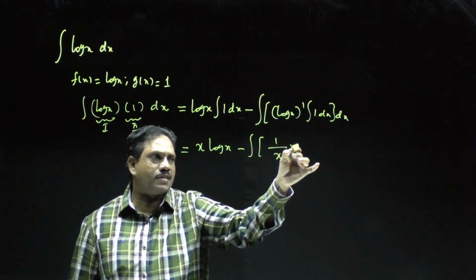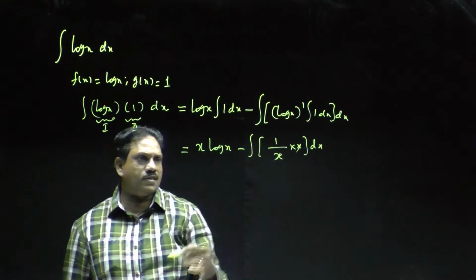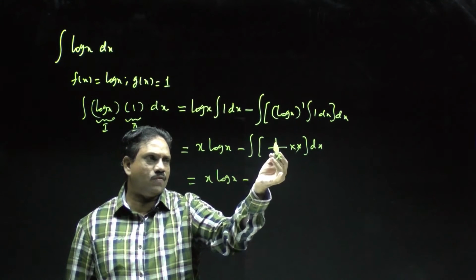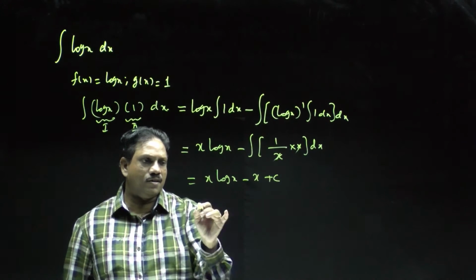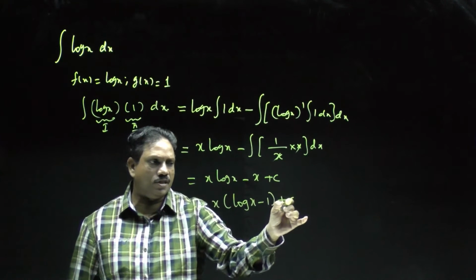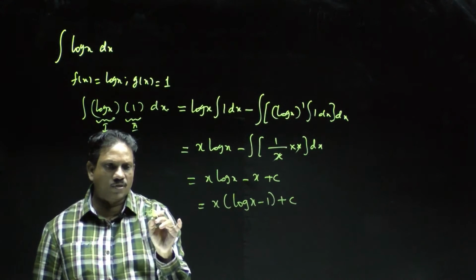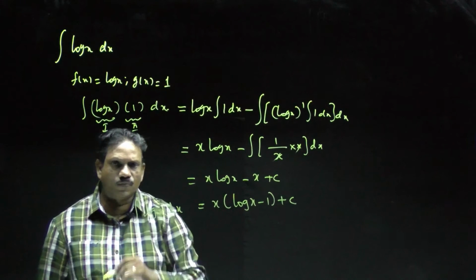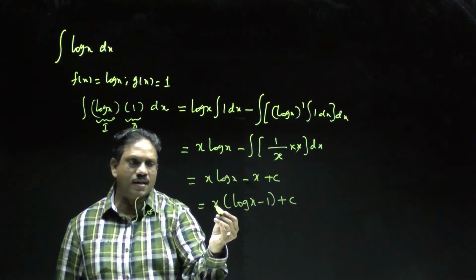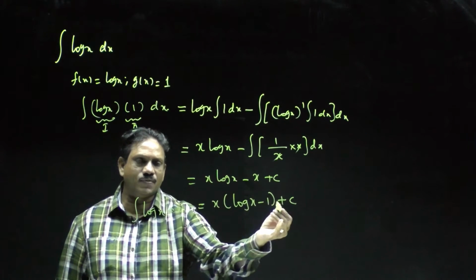Of course x is cancelled: x log x minus integration of 1, which is x, plus c. So this can be written as x times (log x minus 1) plus c. This is one of the nice results, which is very useful in objective type questions also. Integration of log x dx you can take as x (log x minus 1) plus c.